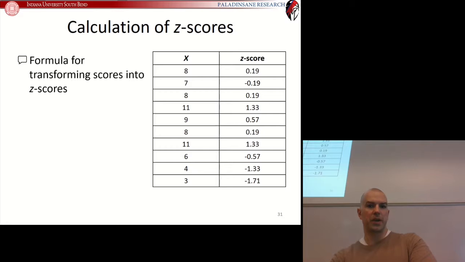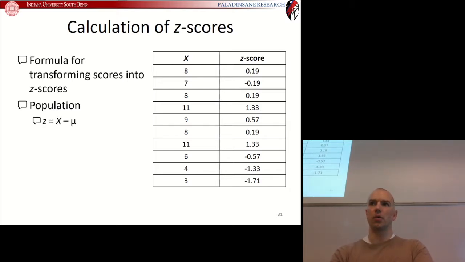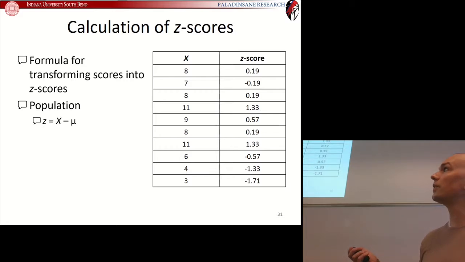So the formula for transforming scores into Z-scores, if you're doing it for the population, starts off with the deviation. For each individual score, you're going to transform it into a Z-score. So you start off first with how big is the deviation. That's your score minus the population mean.